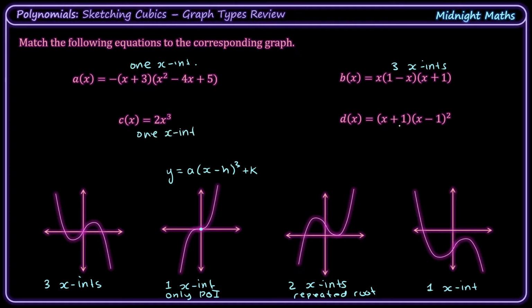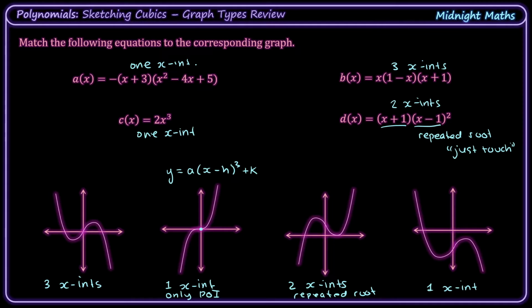Finally, we have d of x, which has 2 linear terms, one of which is squared. If you recall, the square corresponds to a repeated root, and at the repeated root the graph will just touch the x-axis. So this has 2 x-intercepts, one of which it just touches at.